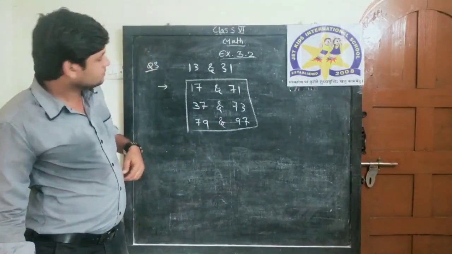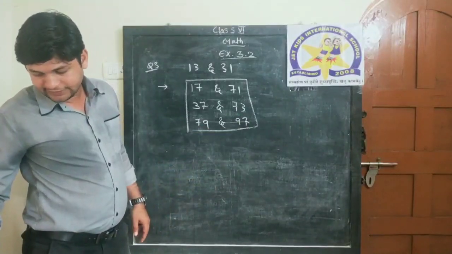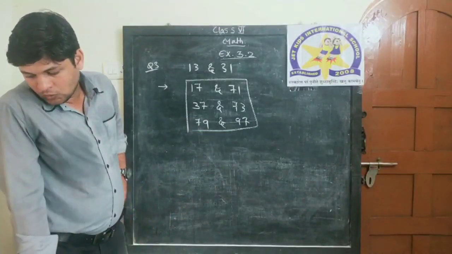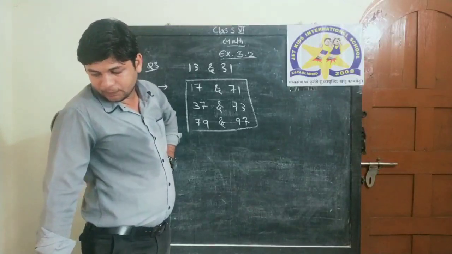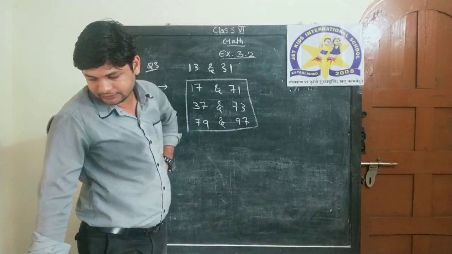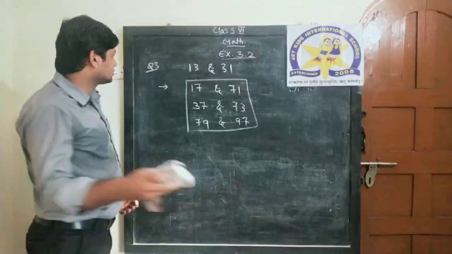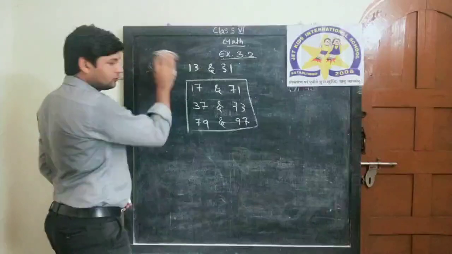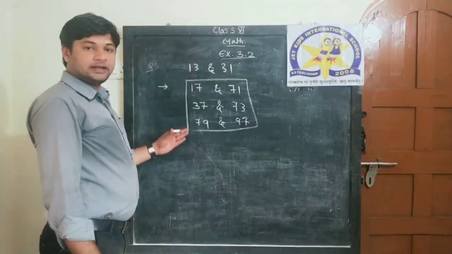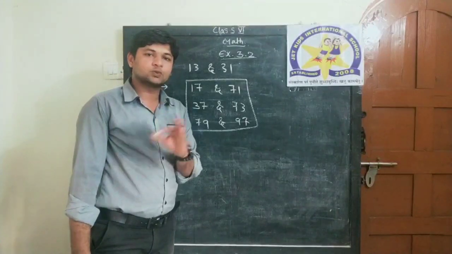Next question, that is question number 4: write down separately the prime and composite numbers less than 20. See, if you have any doubt, just write and complete that previous page, 1 to 100.